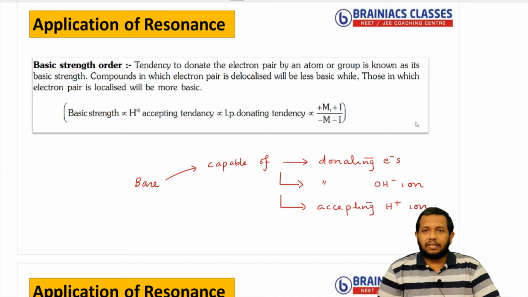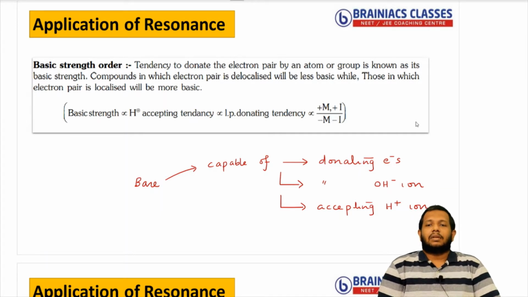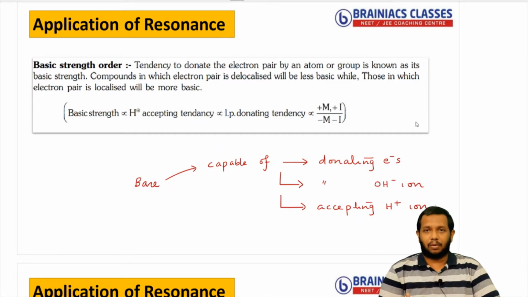These are the 3 basic definitions. So any one of these you can make use of. Okay. So now how this is related with resonance, that's what we are going to see. I will explain that with examples.